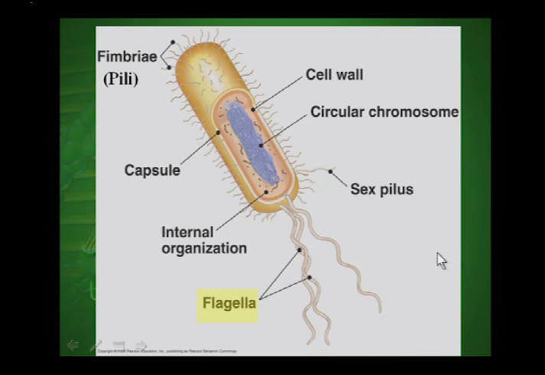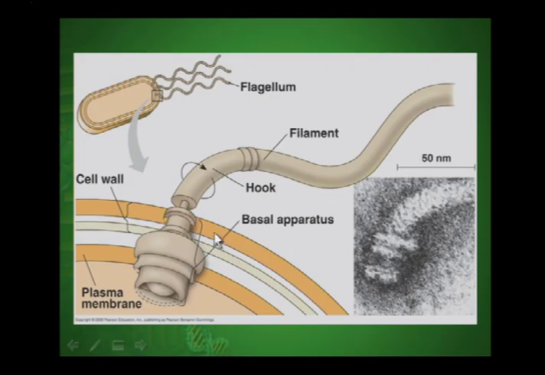Now, associated with the cell wall and the cell membrane in many types of prokaryotes are flagellae. And so the prokaryotic flagellae is different than the eukaryotic flagellum that we'll talk about later, but the flagellae help propel the organism through the water, and generally they pull it through the water. And so where the flagellum attaches to the cell wall and the cell membrane, there's actually kind of a bushing there that allows it to spin around.